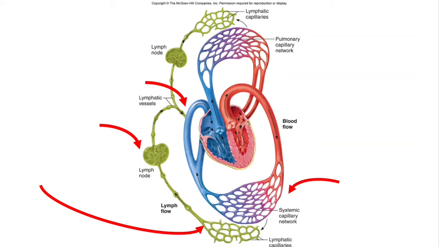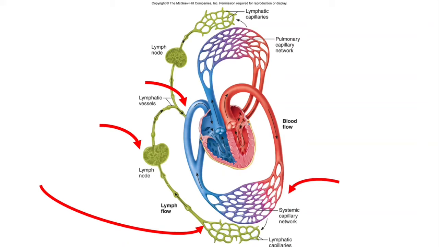The lymphatic system starts with blind-ended capillaries. These are not capillaries like the arterial or the venous. They are special capillaries. They can pick up these large molecules and then drain them.